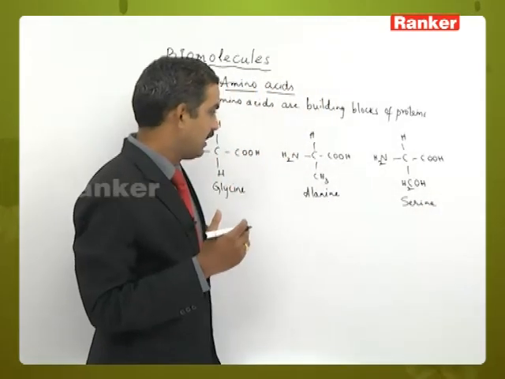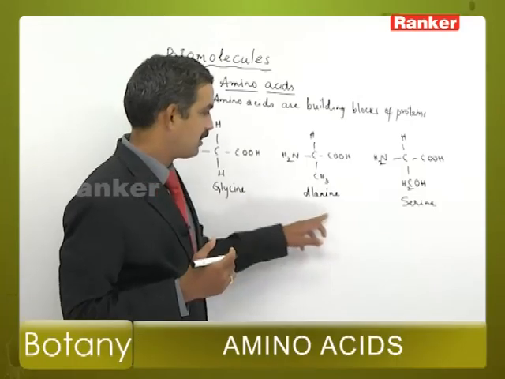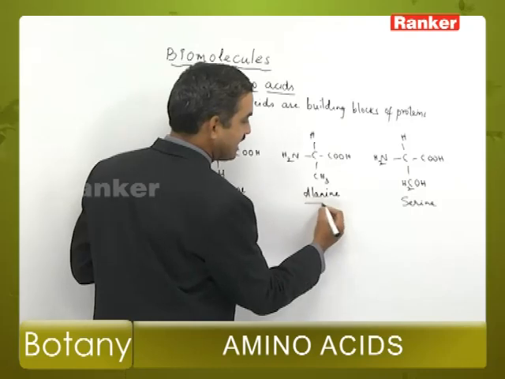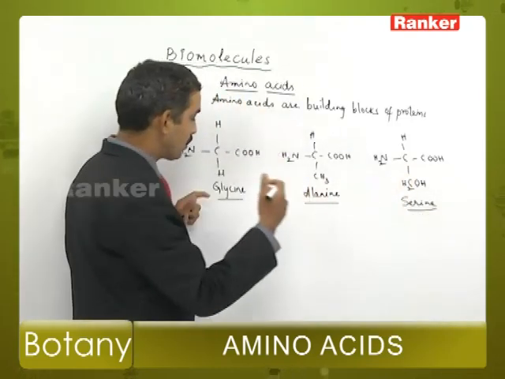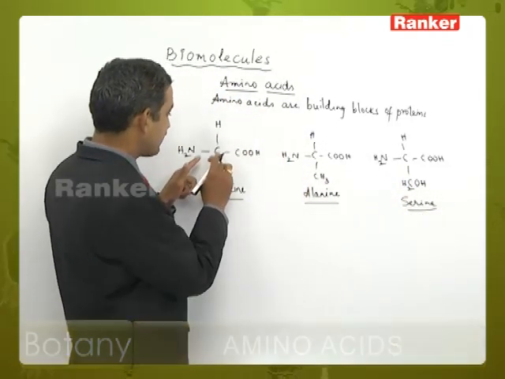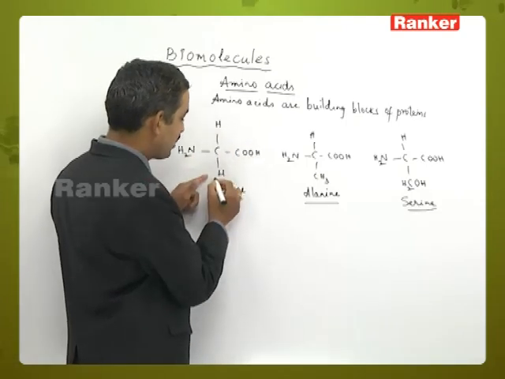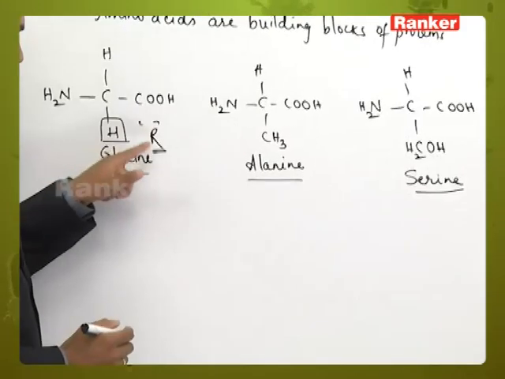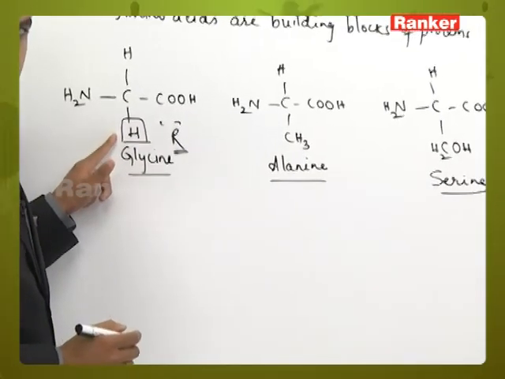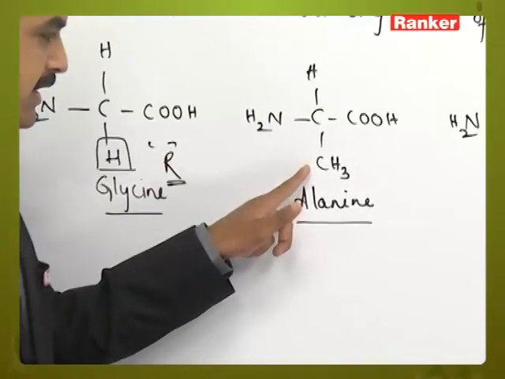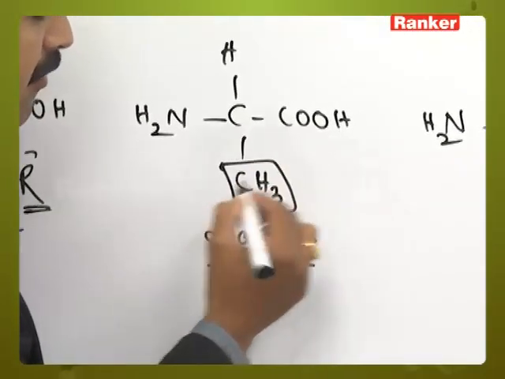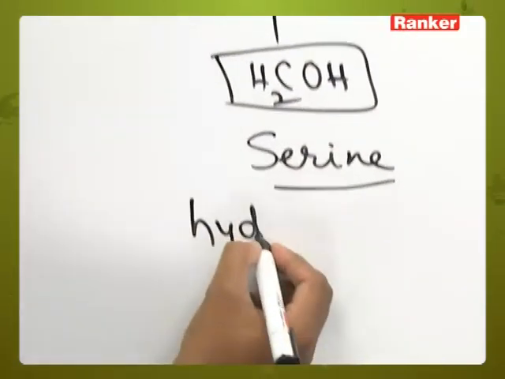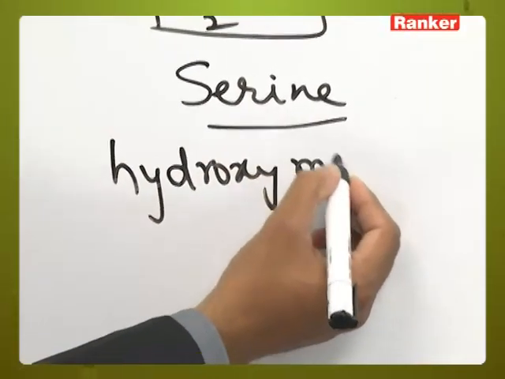Likewise, the names of these amino acids are changing. Glycine is one amino acid, alanine is one, and serine is another. In all of them, these 3 are common. They change only in the nature of the alkyl group, that is R. Here R is replaced by H, here R is a methyl group CH3, whereas here R is a hydroxymethyl group.